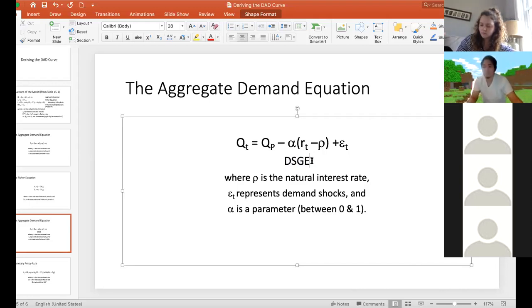These models are actually impossible to solve analytically. For those of you who have sufficient math background, it means you can't use algebra or even calculus to find the equilibrium.